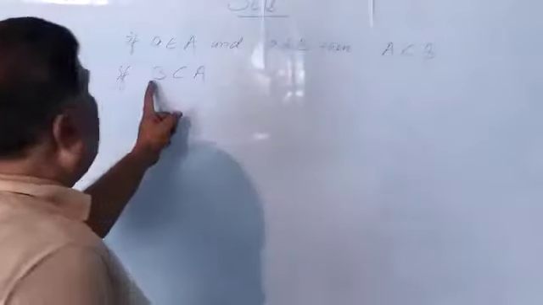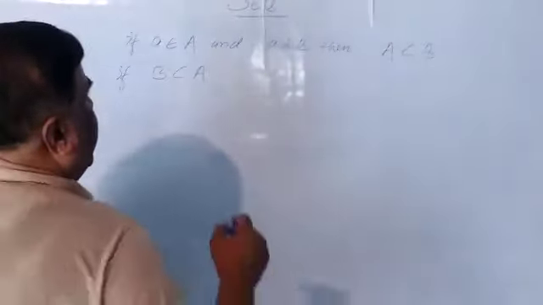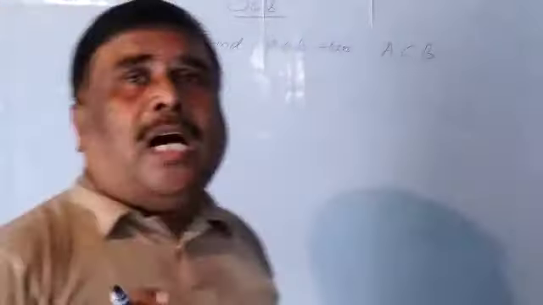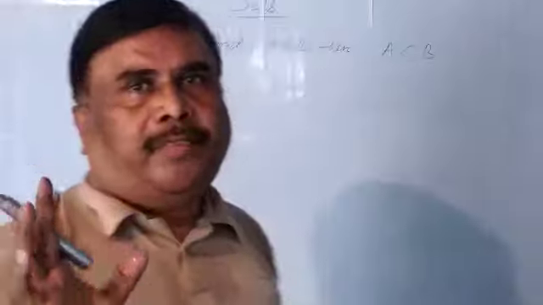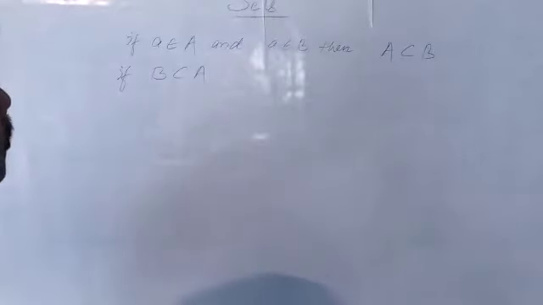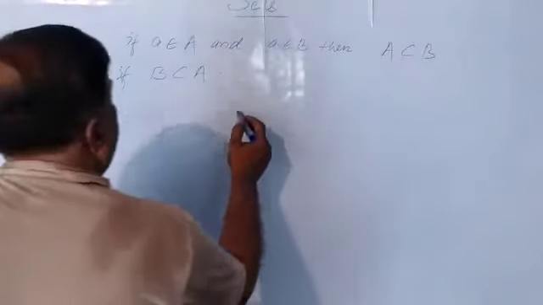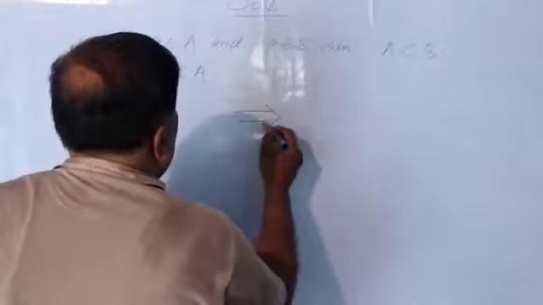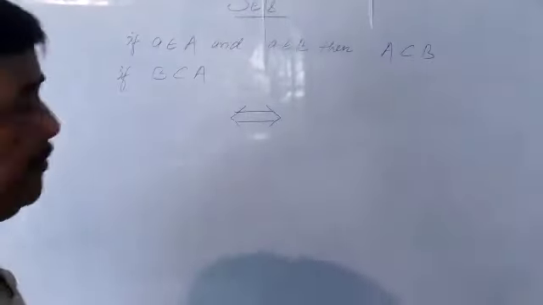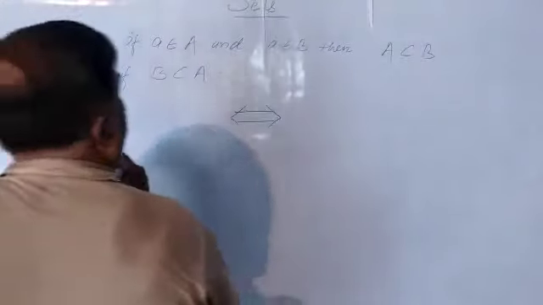If A is a subset of B and B is also a subset of A, this means A and B are equal sets, right? This definition can be written with the help of a symbol called two-way implication.